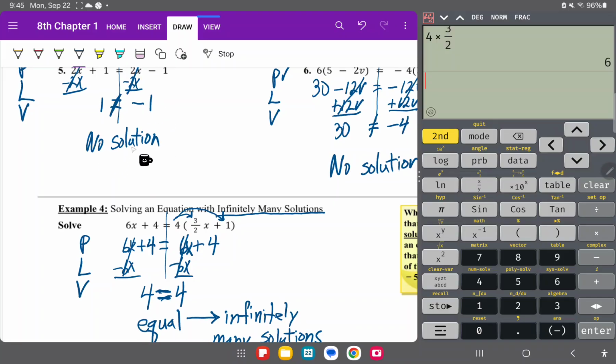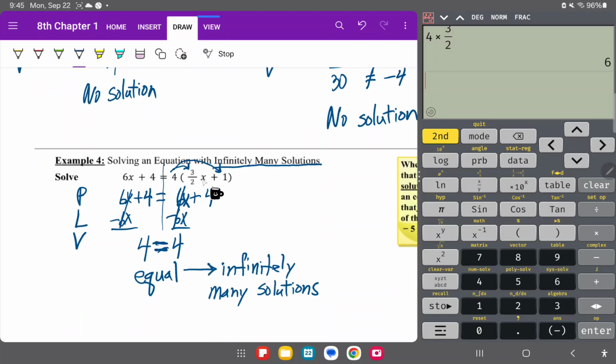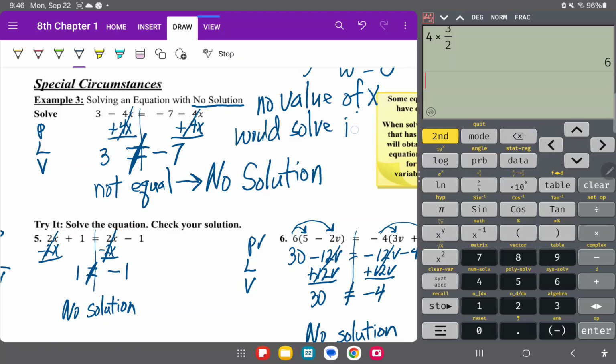So this other kind is when they weren't equal. That means you can't find a solution. This one, they are equal, and any value of x would work, right? So up here, no value of x would solve it. Okay?